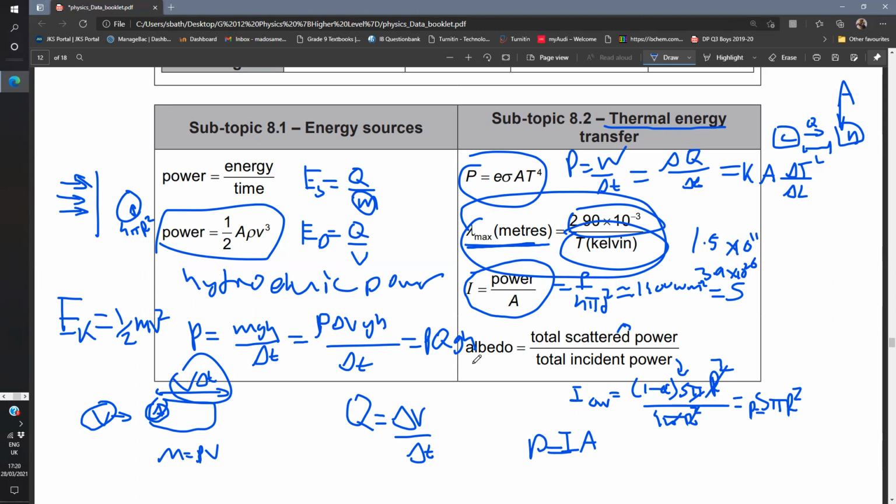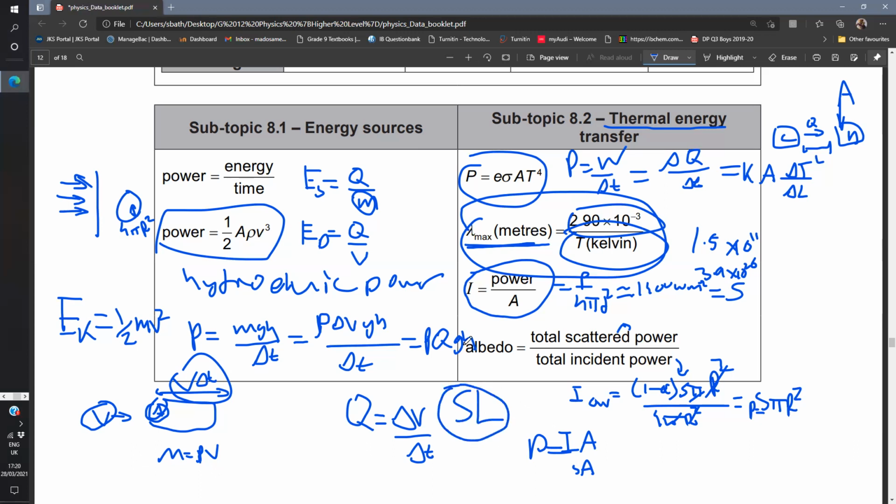So albedo basically means white in Latin. So here the intensity is S. The area is pi r squared. So that gives you the formula. Okay, this is the SL content.